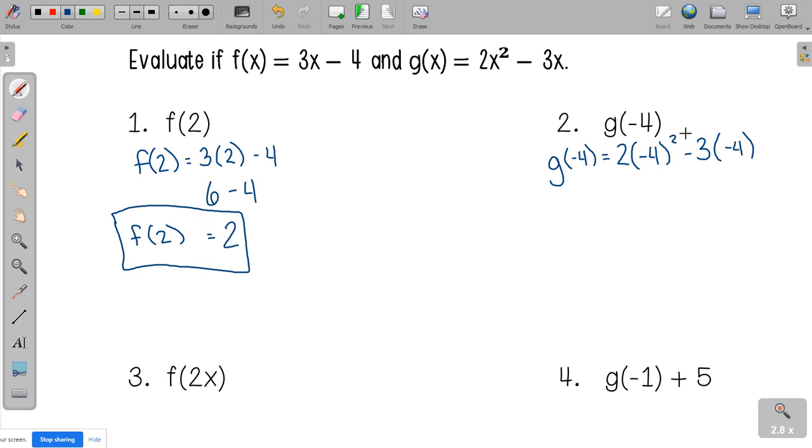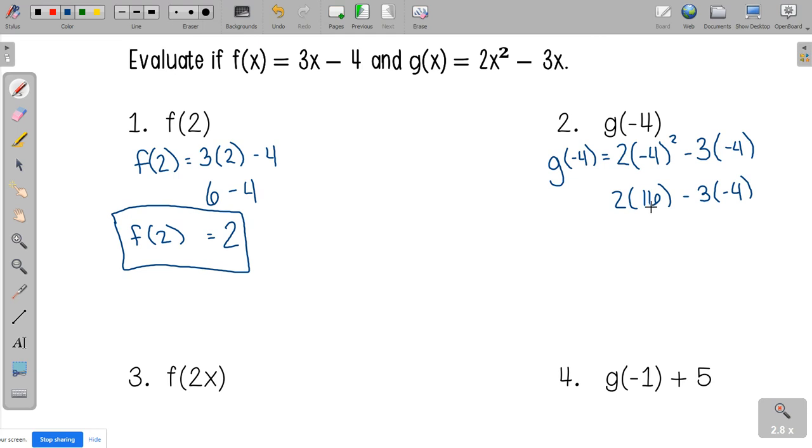PEMDAS says we need to take care of the exponent first. So negative 4 squared, a negative and a negative make a positive, so we get positive 16. Rewrite everything else as is. Now we have to multiply before we subtract.